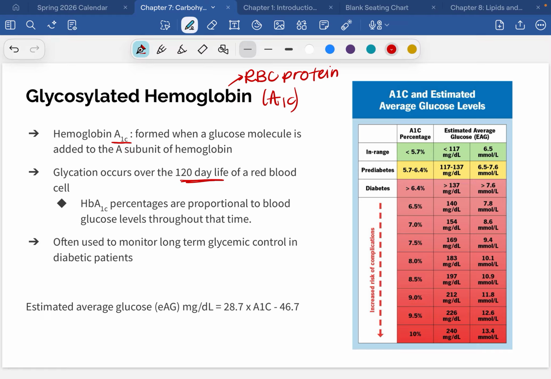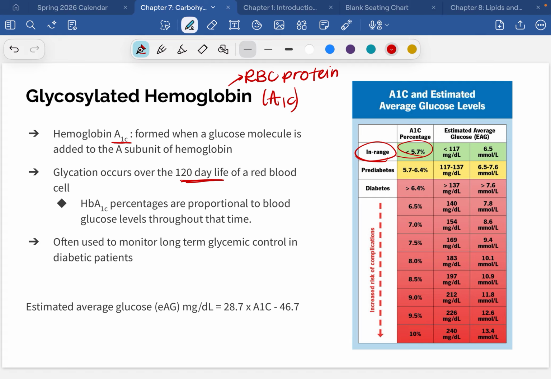In a typical person who does not have diabetes, the percentage of A1C is usually less than 6, less than 5.7, I guess. And somebody with diabetes, their hemoglobin A1C percentage will increase based on their estimated glucose levels.